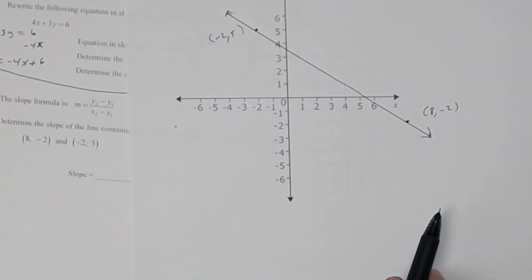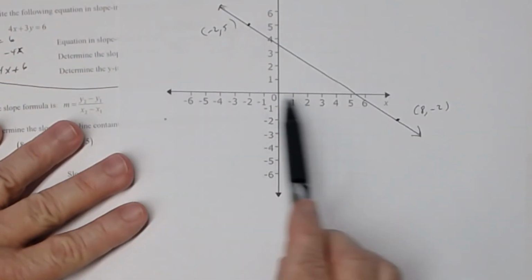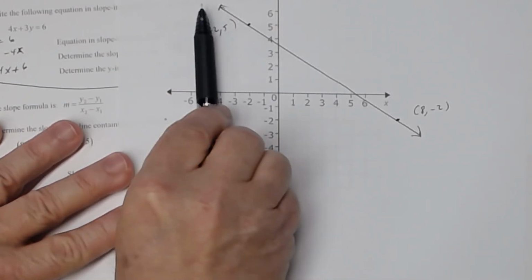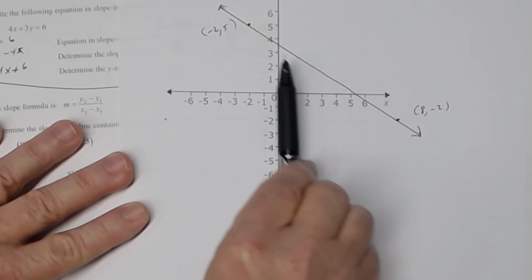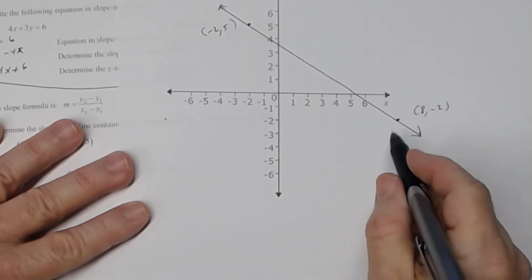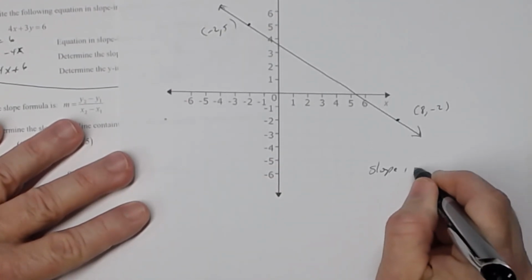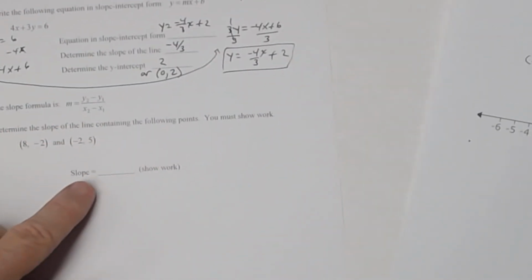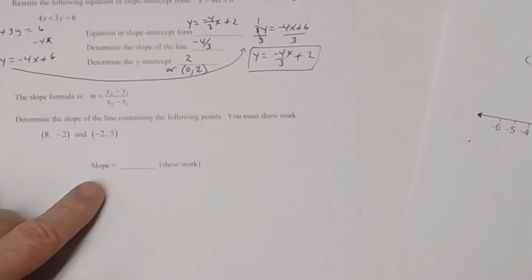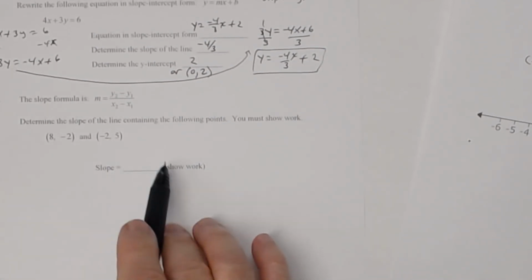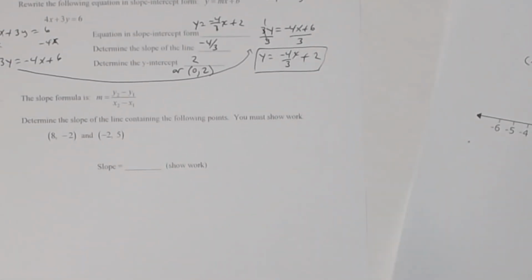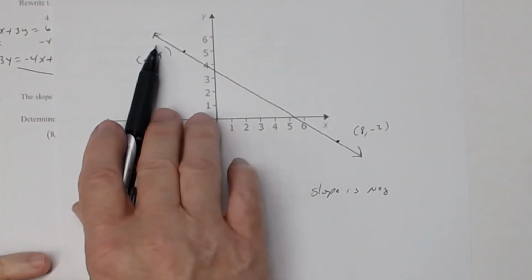Now, one of the things you learned about was, notice that as you go from left to right, that line is falling. If a line's falling, then that means that the slope is negative. So when you calculate the slope here, you need to make sure that the answer you write is negative, because the line falls.